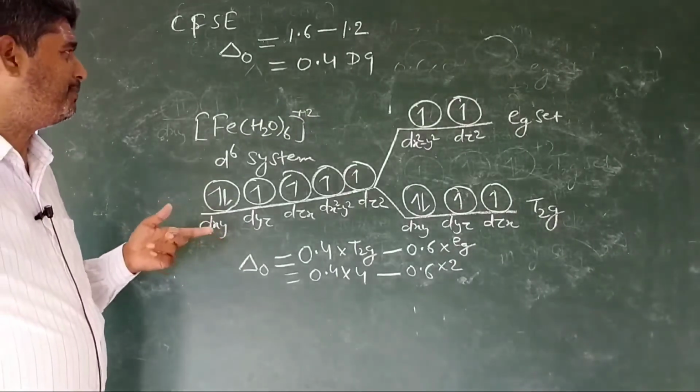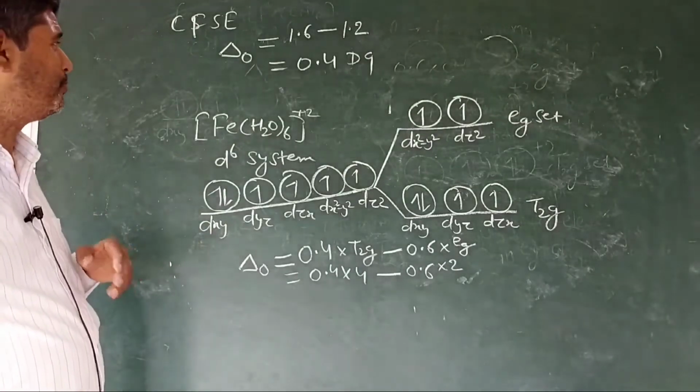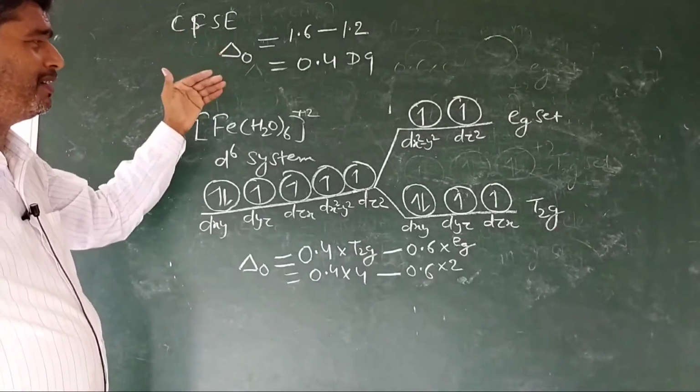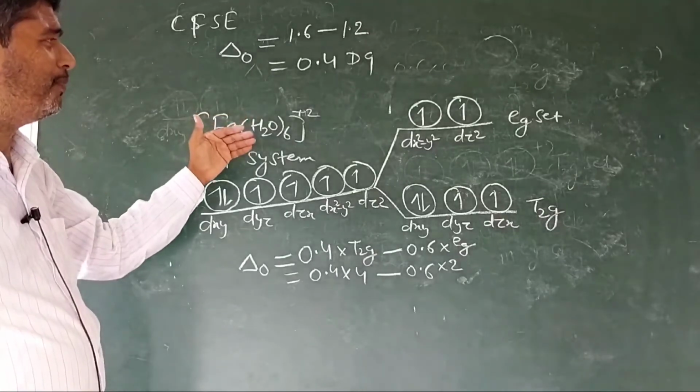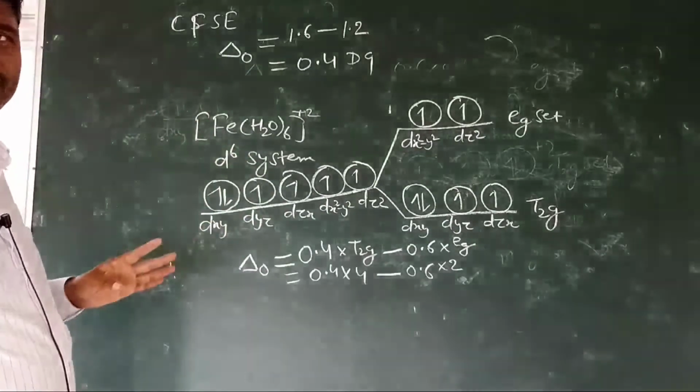So being maximum crystal field stabilization energy due to the larger Δo value, K4[Fe(CN)6] will be more stable than the second.